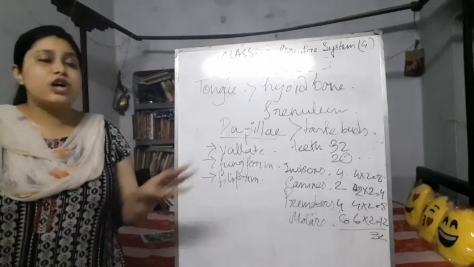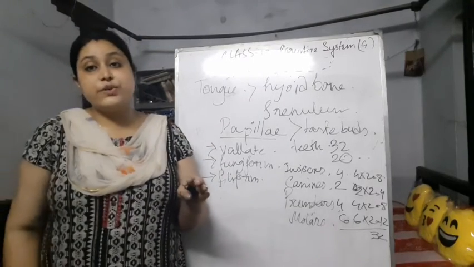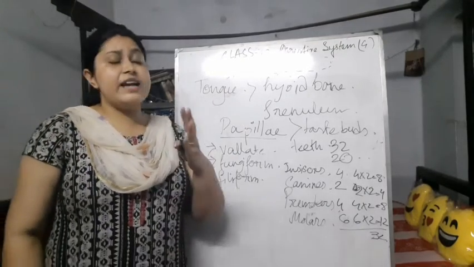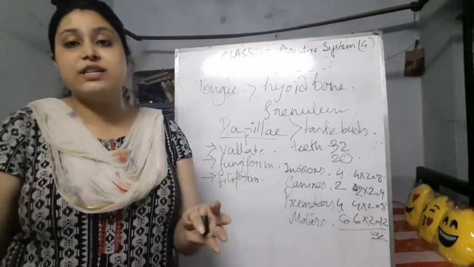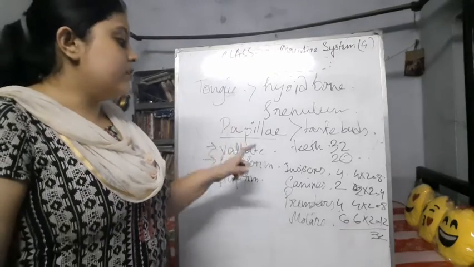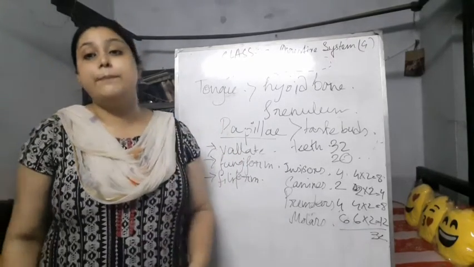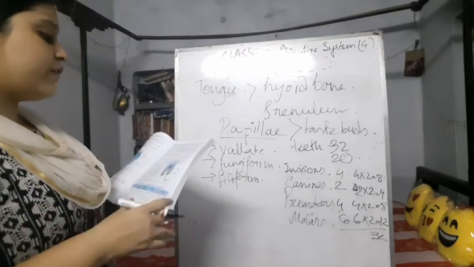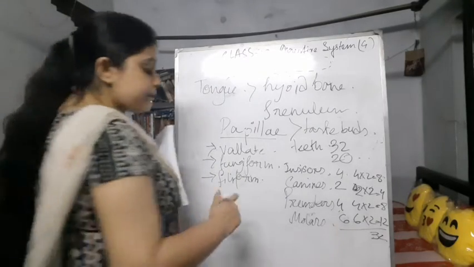At the age of 6 to 7 months, for children, the milk teeth form, and after that, between the ages of 6 to 12 years, they fall off and new teeth form, which are called permanent teeth. So the structure of the tooth is like that.